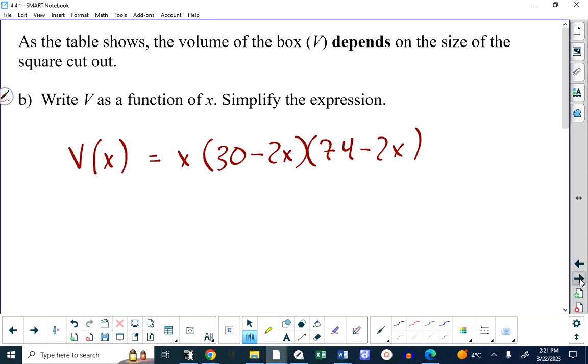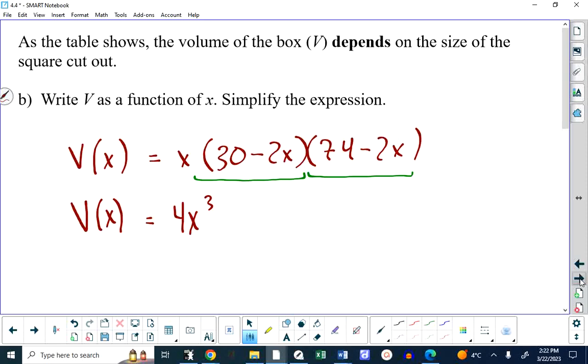Let's expand this out, and then we can talk about what we're going to do. I'm going to have to take these two binomials and multiply them together. So when I do that, I'm going to get 4x squared. But I need to also multiply by x, so I'm going to get 4x cubed.